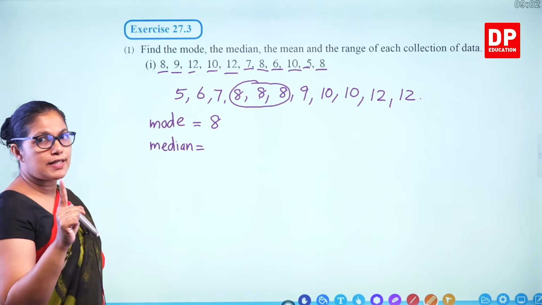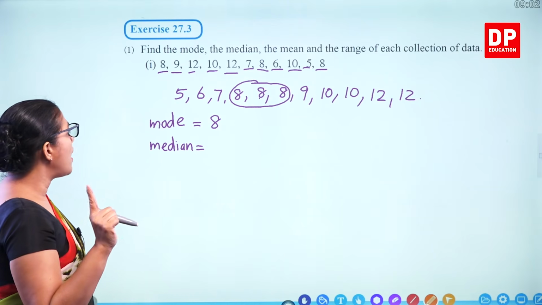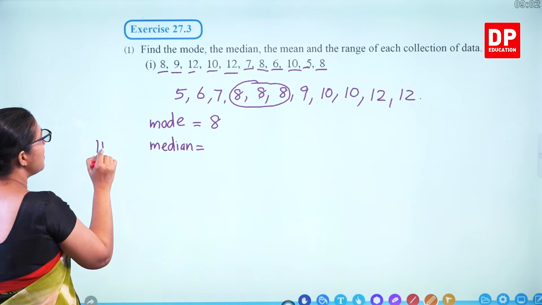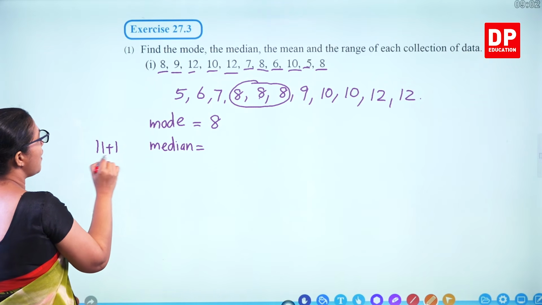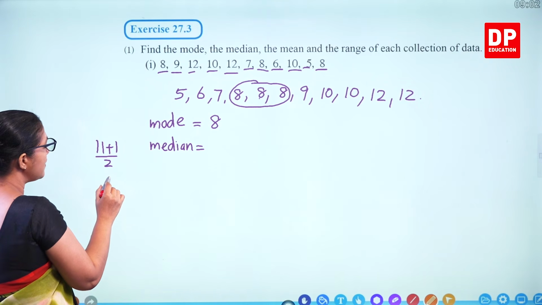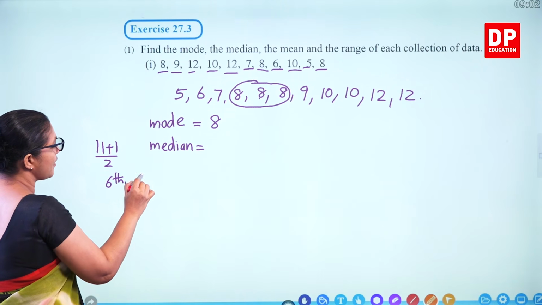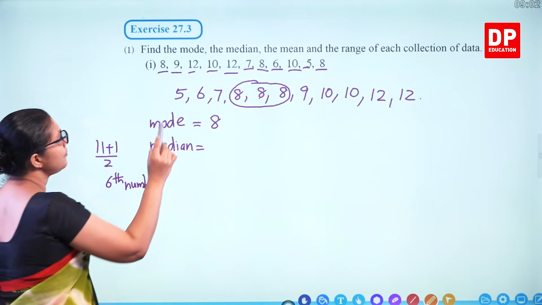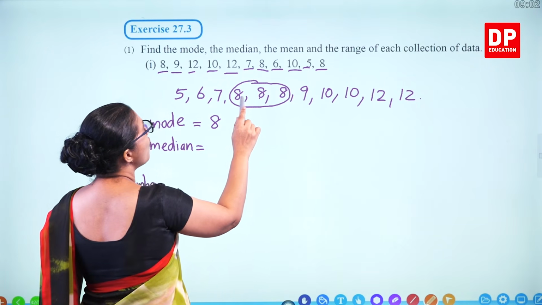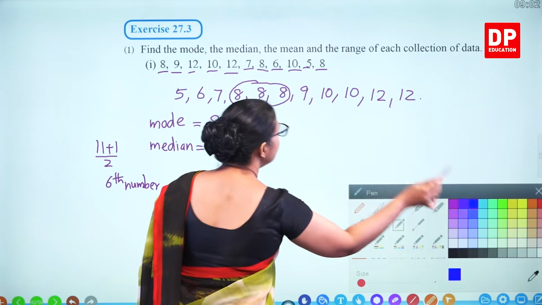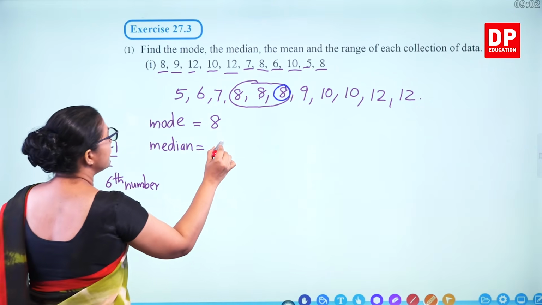Odd number of data points. So you get one middle number. So how do you find that number? 11 plus 1 divided by 2. That means 12 divided by 2 means 6th one is the middle term. 6th number. 1, 2, 3, 4, 5, 6. So that's 8.